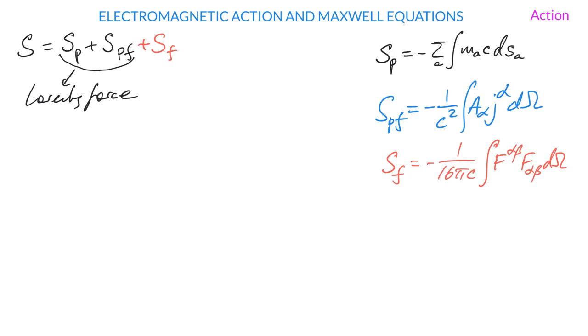So when we vary it with respect to particle trajectories, we get 0, and we just get what we obtained before from the first two terms. Now, we also saw that the structure of the F tensor leads to the two homogeneous Maxwell's equations. So now we'll see that varying the action with respect to the field coordinates will give us the inhomogeneous Maxwell's equations.